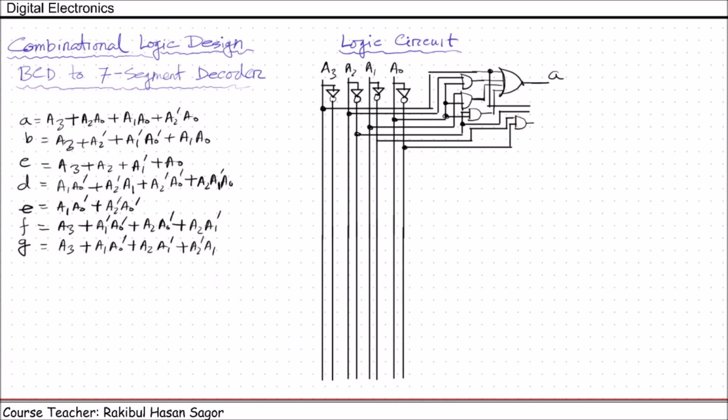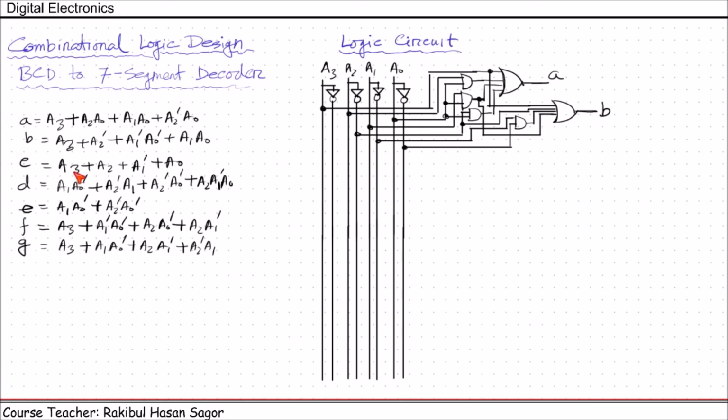They are connected here. Finally, A1 into A0 can be taken from here. All these outputs will pass through OR gate. This is an OR gate and we'll get B here.